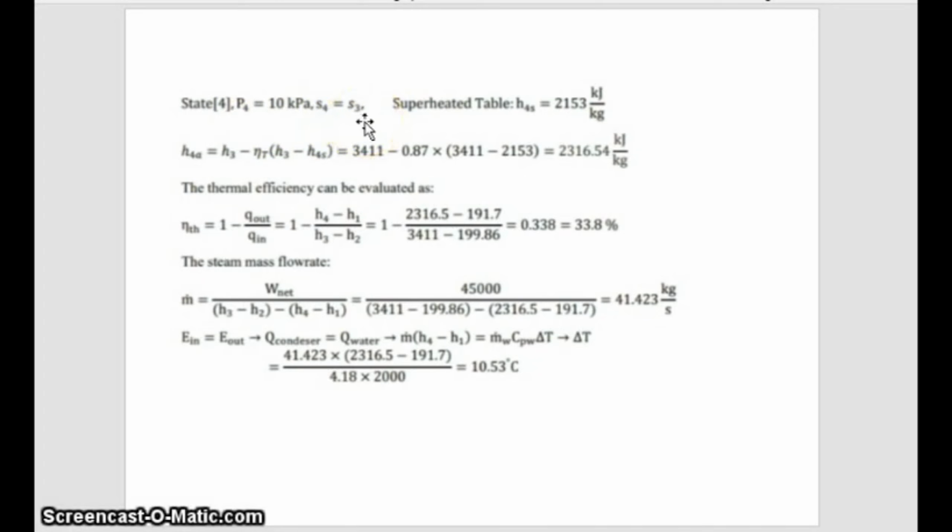So using this, you have to compare S4 with Sg at a pressure of 10 kilopascals. From there, you will find that S4 is bigger than Sg at 10 kilopascals, so it is superheated.